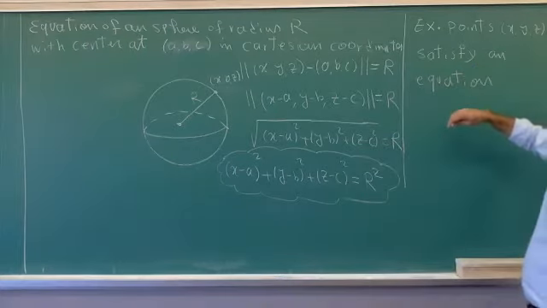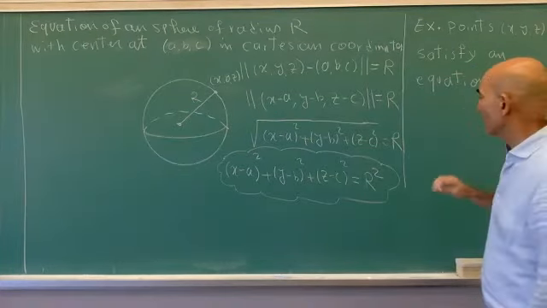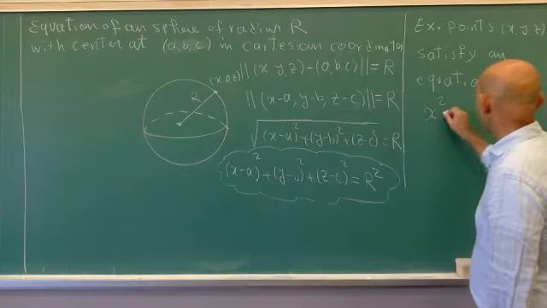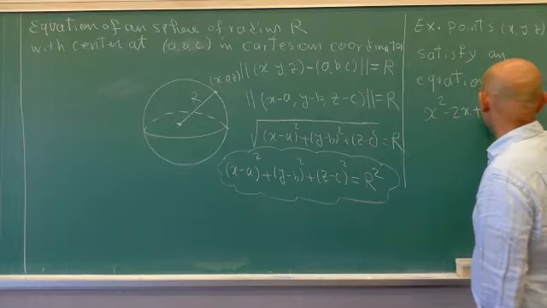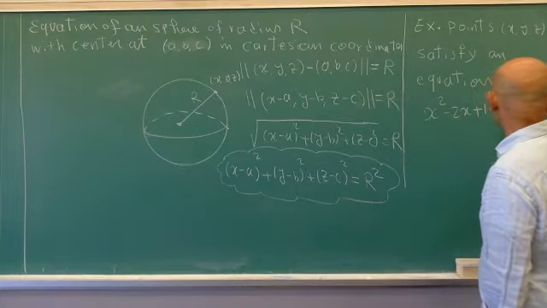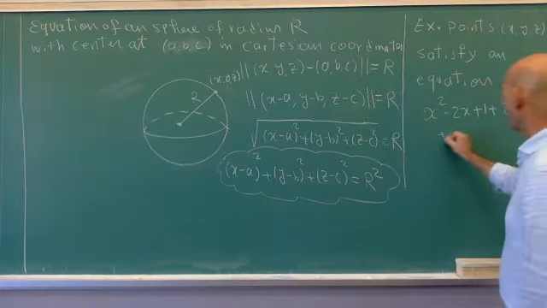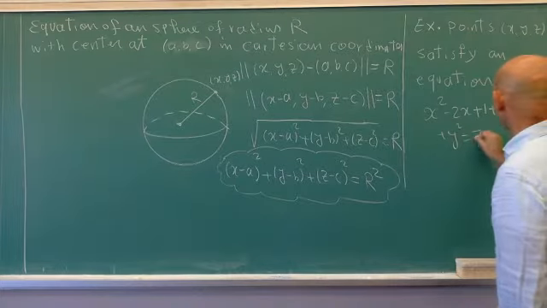The equation that's given to me is like this: x squared minus 2x plus 1 plus z squared minus 2y plus y squared equal to 7.